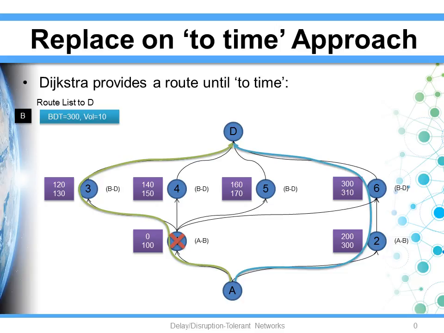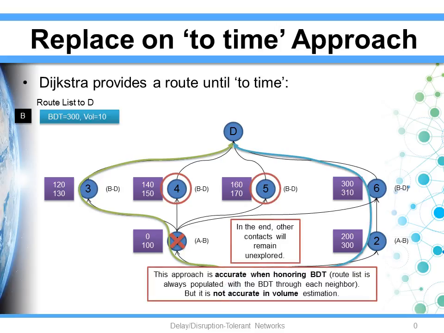The same happened in the previously calculated path, in contacts 3, 4, and 5, all of them with a capacity of 10. In this case, the route will be in the list until time 300, which is the to time of this route, and also the end time of the limiting contact, which is contact number 2.